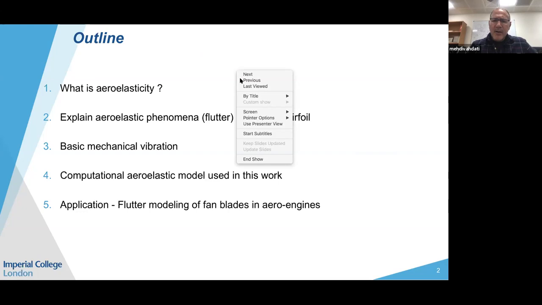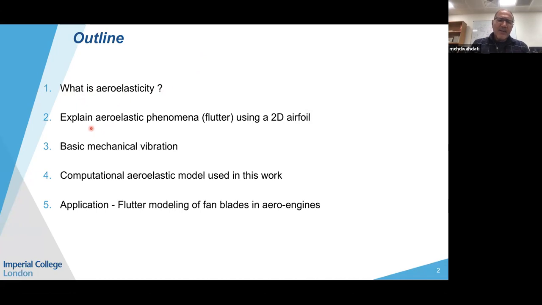The outline of my presentation today is, first of all, I'm going to give a brief description of what is aeroelasticity. I'm not going to go too much into the theory, and I just try to give some basic concepts of aeroelasticity. Then I explain the aeroelastic phenomenon, i.e. today, flutter, using a 2D aerofoil.